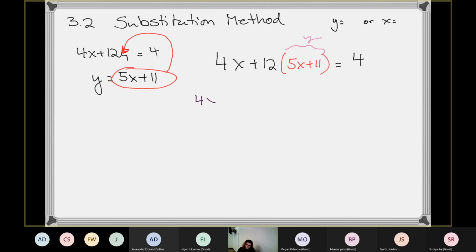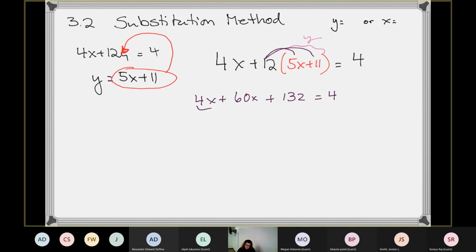So 4x plus, distribute, 12 times 5 is 60x, 12 times 11 is 132, equals 4. You distribute.